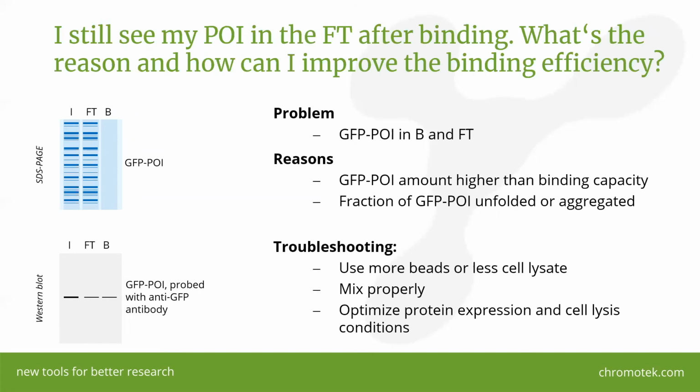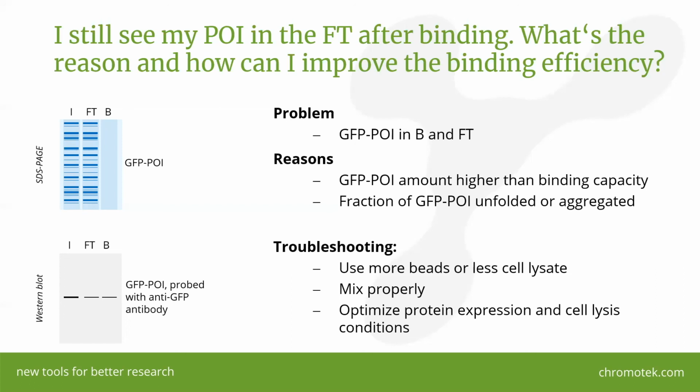Next problem is, I still see my protein of interest in the flow through after binding. What's the reason, and how can I improve the binding efficiency of my pull down? So the GFP fusion protein is seen in input, flow through, and bound. And in flow through, you should normally not see any band. So there are 2 reasons for that. One might be that the GFP fusion protein is present in higher amounts than the binding capacity of your nanobody or your antibody.